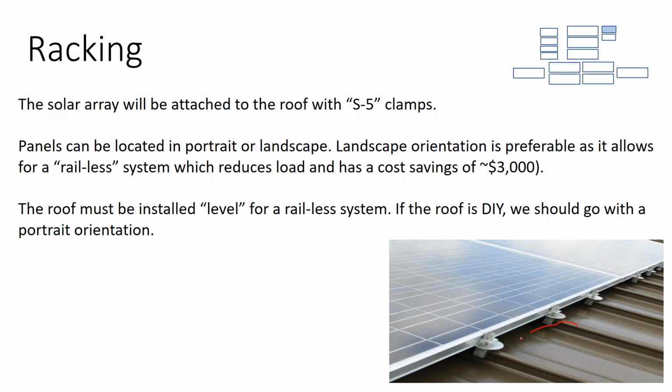You're already on a metal roofing panel that was not designed for the additional weight of that solar array being on top of it. Wind can get underneath the solar array and cause that weight to be an issue. And so with a railless system, you're lowering the module closer to the roof deck, so you have less force. You're getting rid of the rails, so you have less weight.